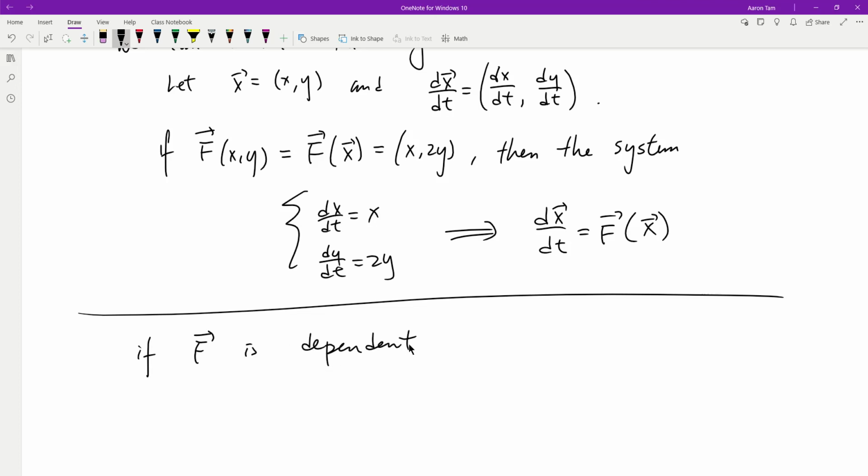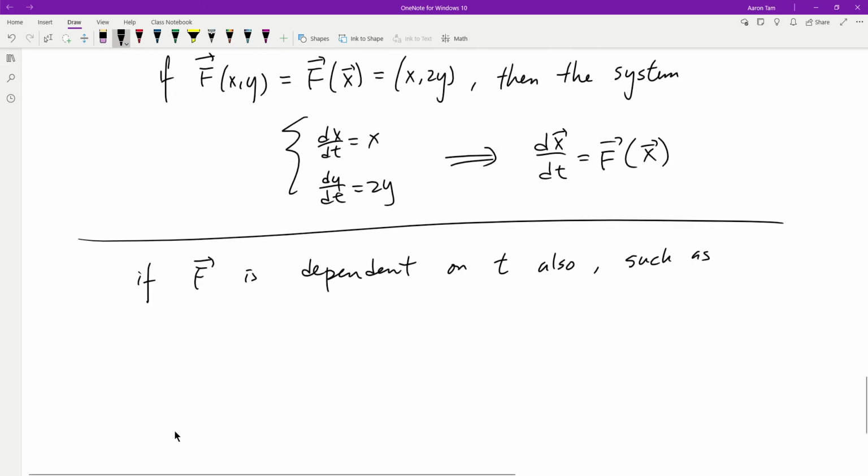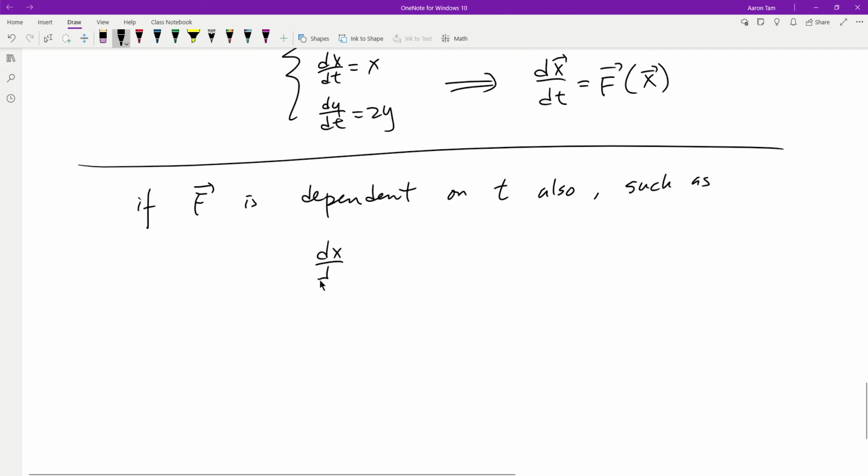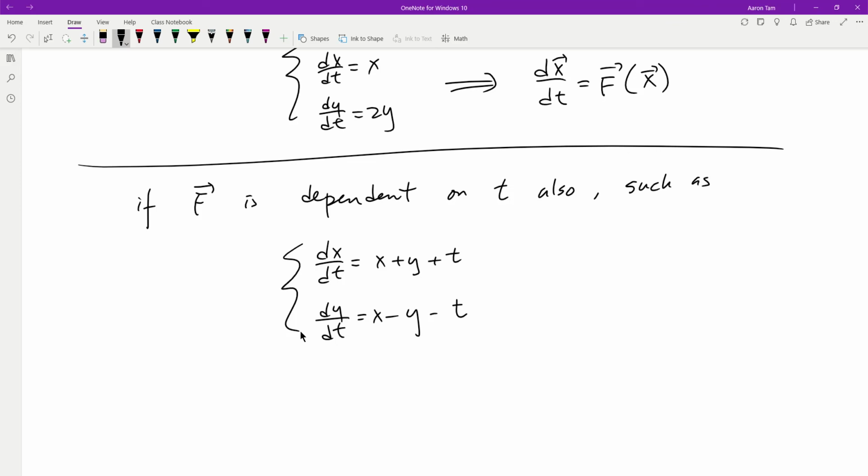If capital vector F is dependent on t also, such as this system, then in vector form, this system will actually turn into this.